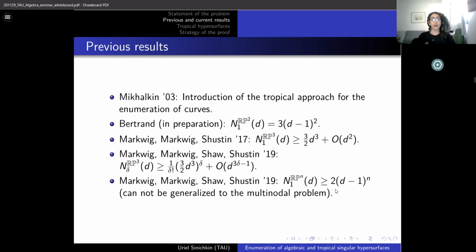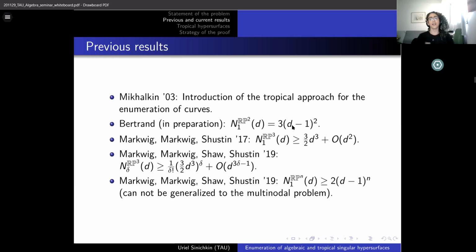So what about the particular question at hand? Brugallé and Puignau showed that for curves in the projective plane, you can get exactly the degree of the discriminant. So you can find an arrangement of points in the projective plane such that all the singular degree d complex curves passing through them are actually real and have real singularities.